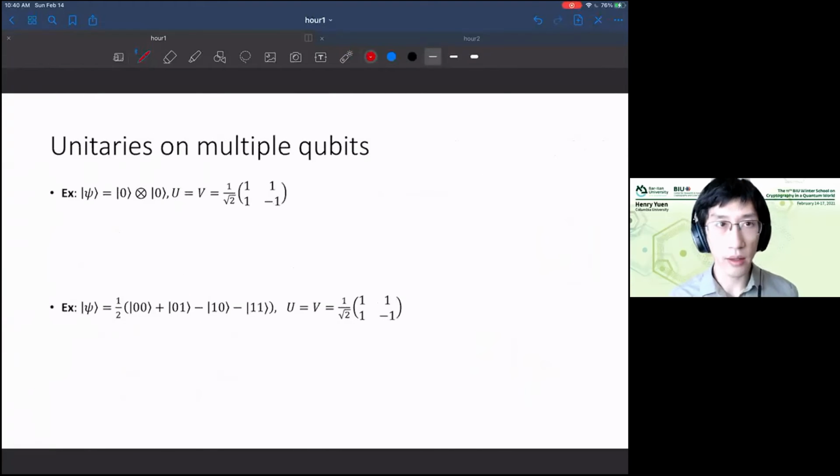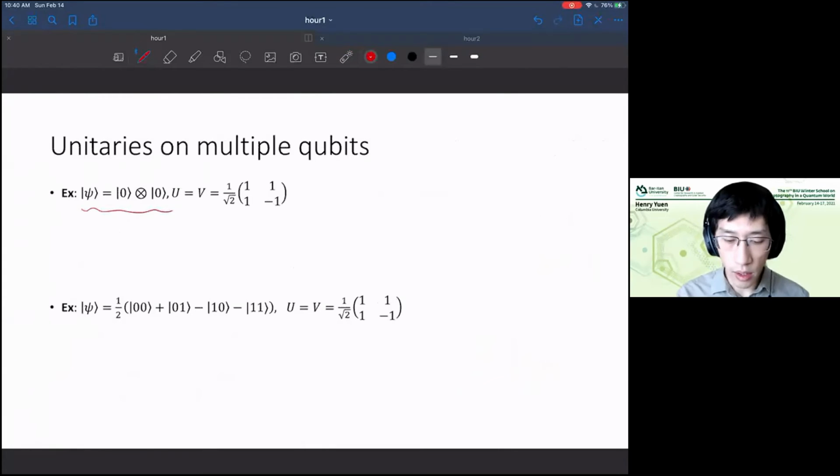Okay, so a couple quick examples. So let's say that we have a 2-qubit state that starts off in 0 tensor 0, and we decide to apply U tensor V, where both of them are the Hadamard matrix. Right? So remember that this is the Hadamard matrix.